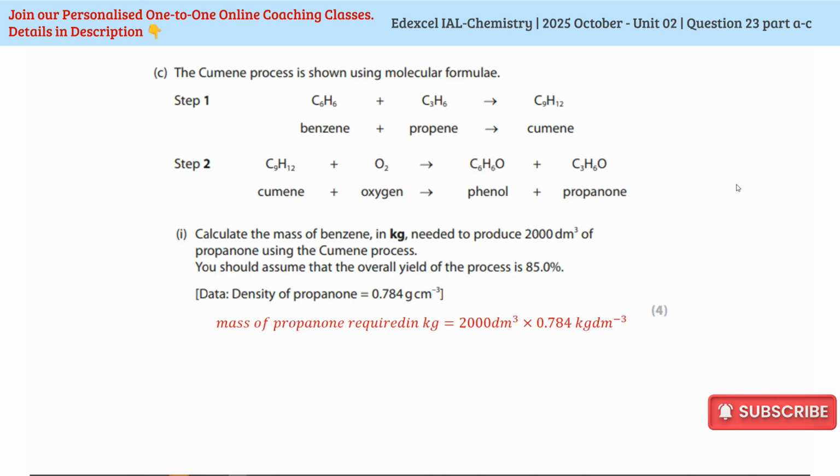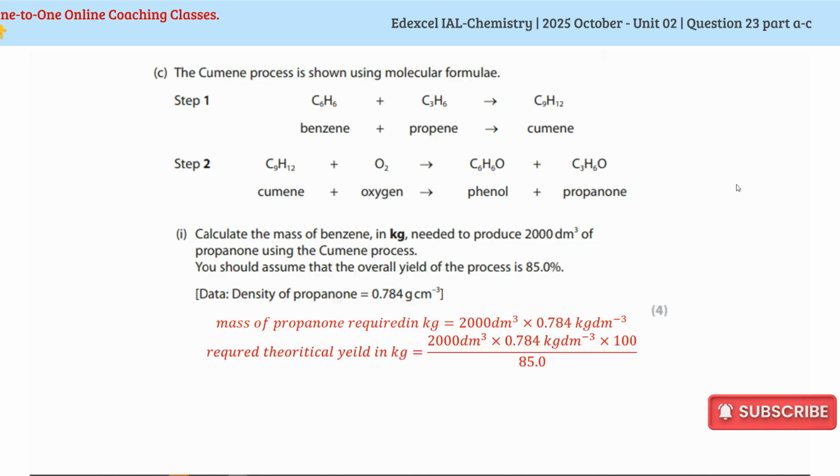So I'm going to use that value to get the mass of propanone required in kilograms. I can calculate it directly. Simply I have to multiply 2000 cubic decimeters by 0.784 kilograms per cubic decimeter.